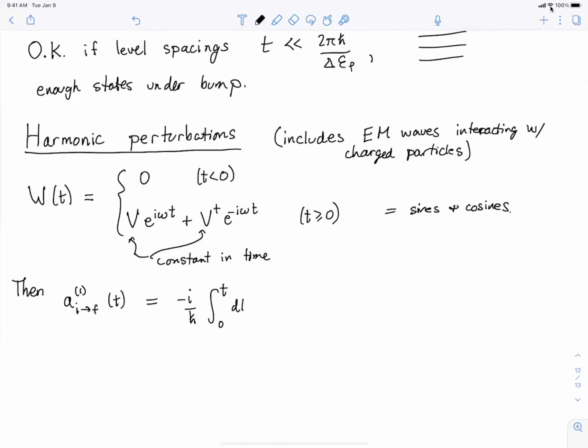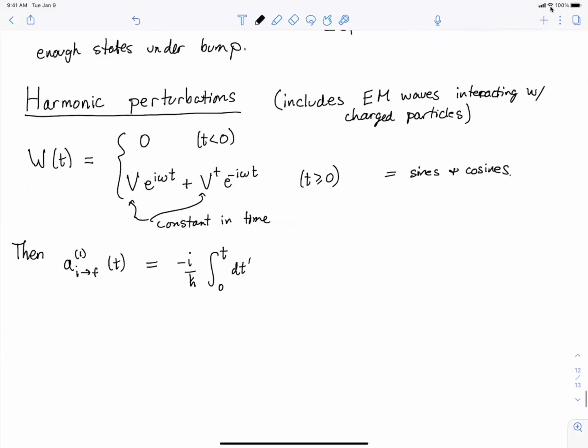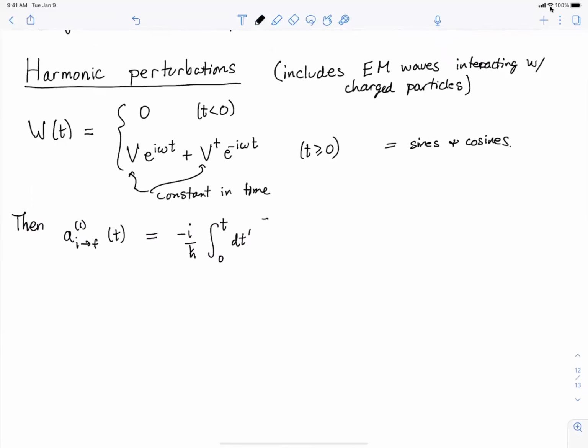We have to do a dt prime integral. And now there are two parts to this. There's the V part, and it has this time dependence on it. And then there's the V dagger part.